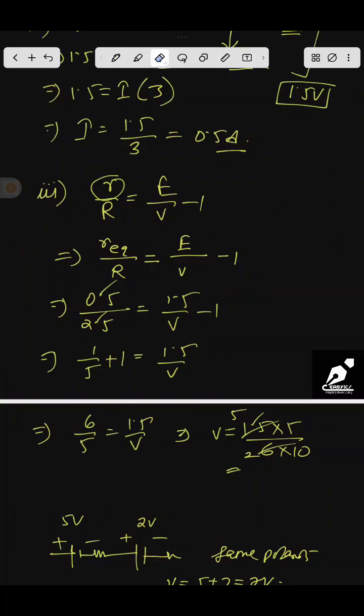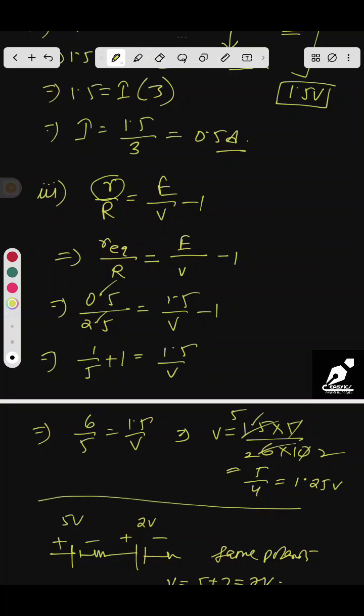That is 5 by 4, the answer will be 1.25 volt.